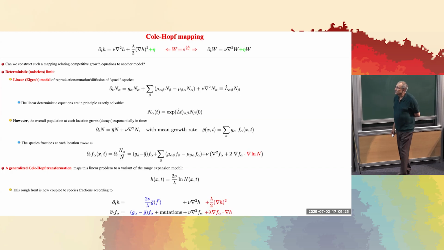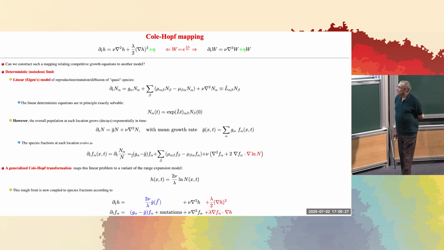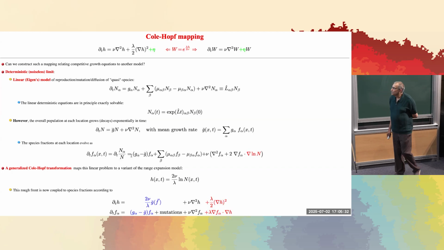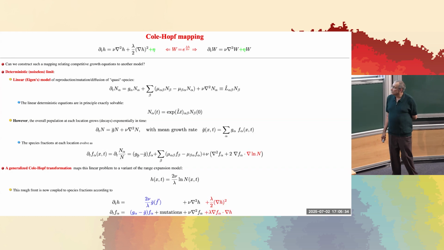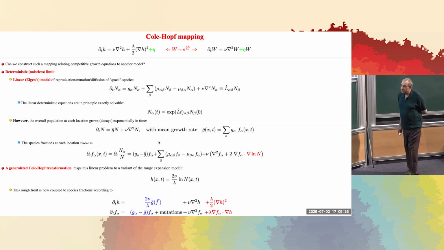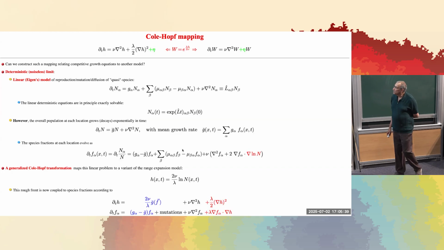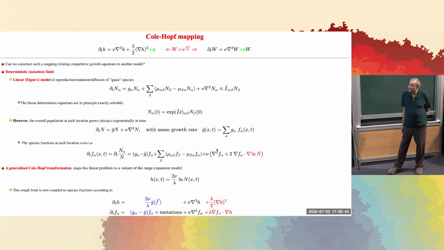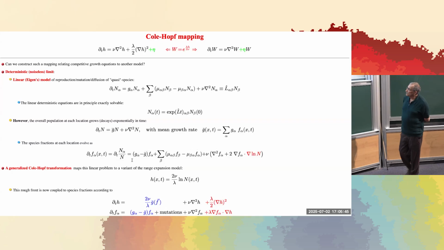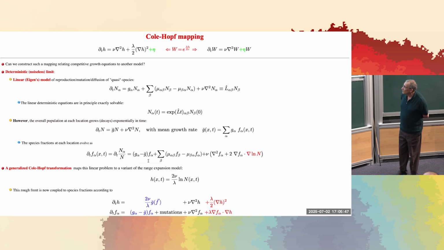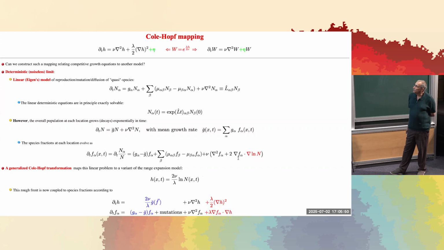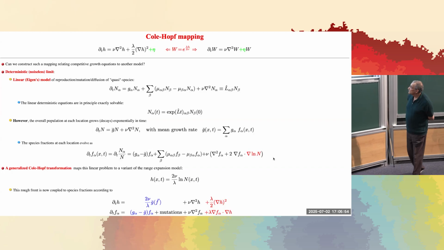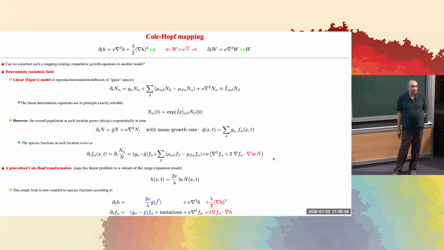Some of it is easy to see, like the growth of a fraction alpha is related to whether that growth rate is larger or smaller than the average growth rate. There is mutation between them, but the diffusion term is interesting because when I do the algebra of taking second derivatives and all of that, I find that the diffusion term involves a coupling of the gradient of frequency with the gradient of log n. Okay?